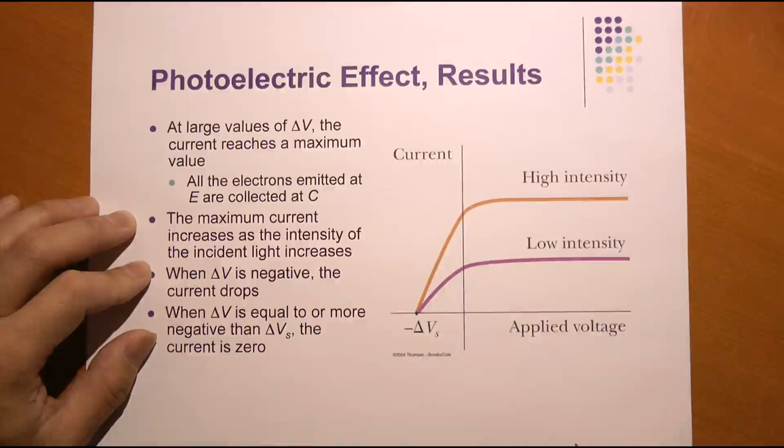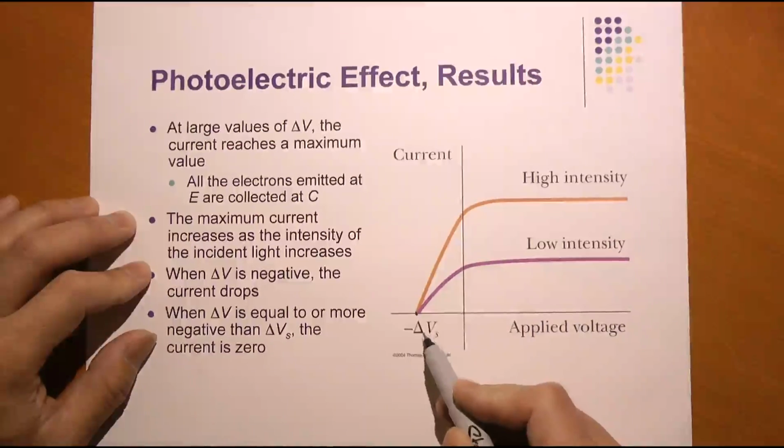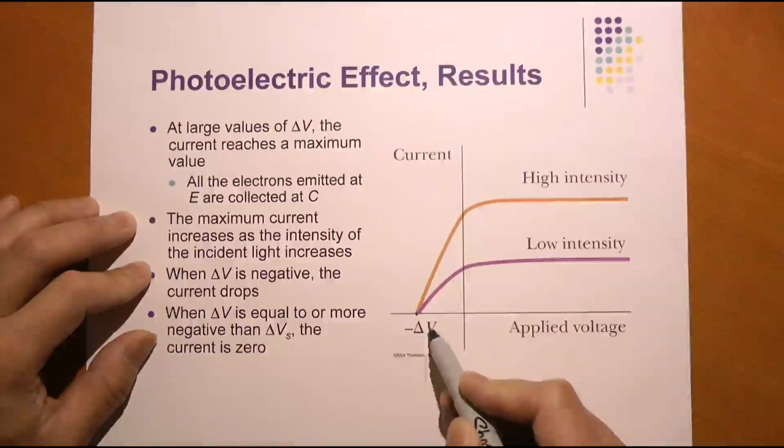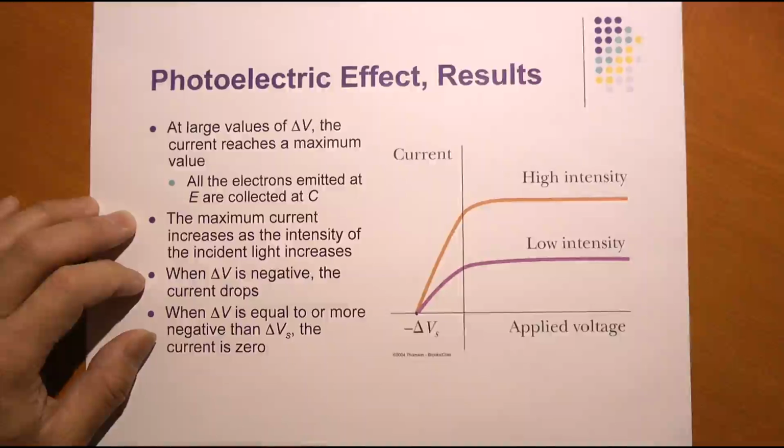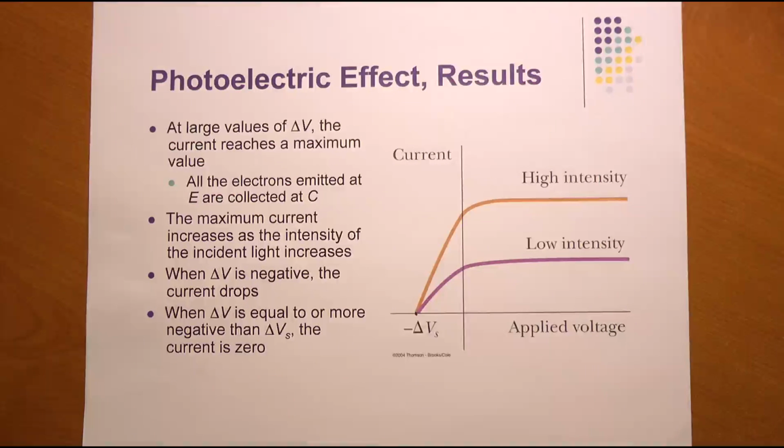The greater the frequency of the light, the greater the potential that you have to use to stop the photocurrent. And classically, that was never an issue. It was the intensity of the light that really mattered. The greater the intensity, the greater the energy the electrons can receive, and therefore the greater energy they have to overcome the stopping potential. The frequency of the light was never an issue.